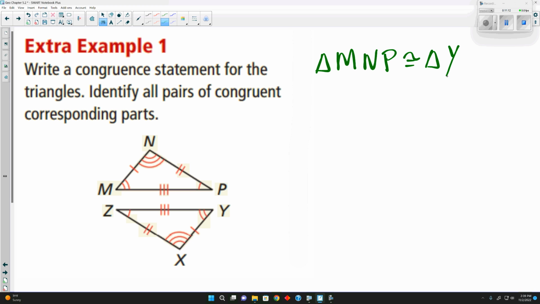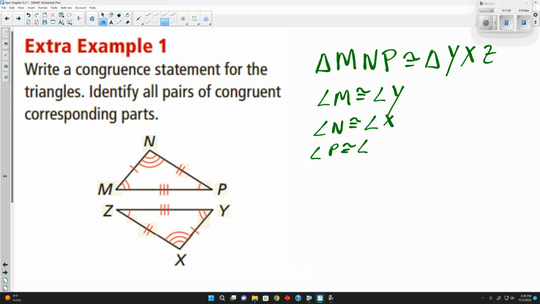So M, we started with 2, so Y, N, X, Z. Is angle M is congruent to angle Y. Every time I draw that angle, I draw it as an L. How about angle N would be congruent to angle X. Angle P is congruent to angle.